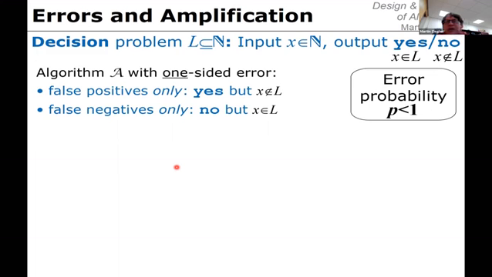And now we see a simple technique for reducing that error probability to become as small as we like, by repeating this algorithm.